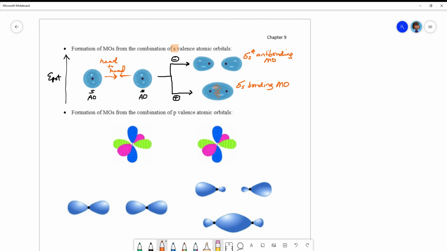And that high electron density between the nuclei promotes bonding. So I'm going to write that down here as well: high electron density between the nuclei promotes bonding.